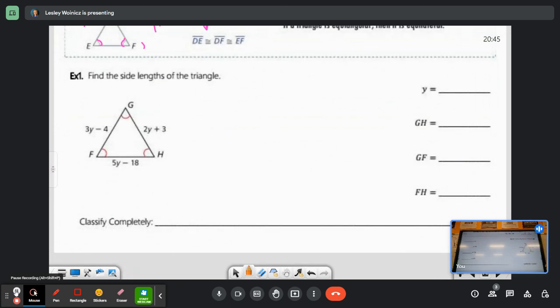So we have to find the side lengths for this triangle. They've told me that it's equiangular because the angles are marked as congruent.